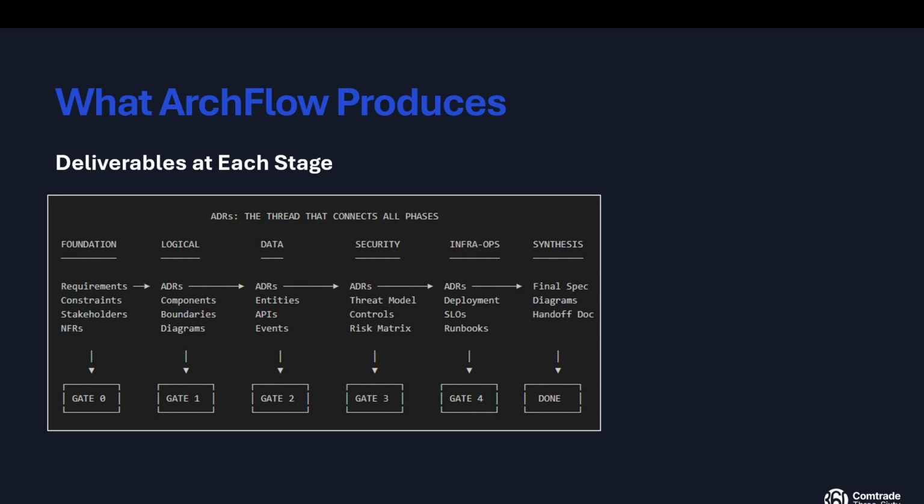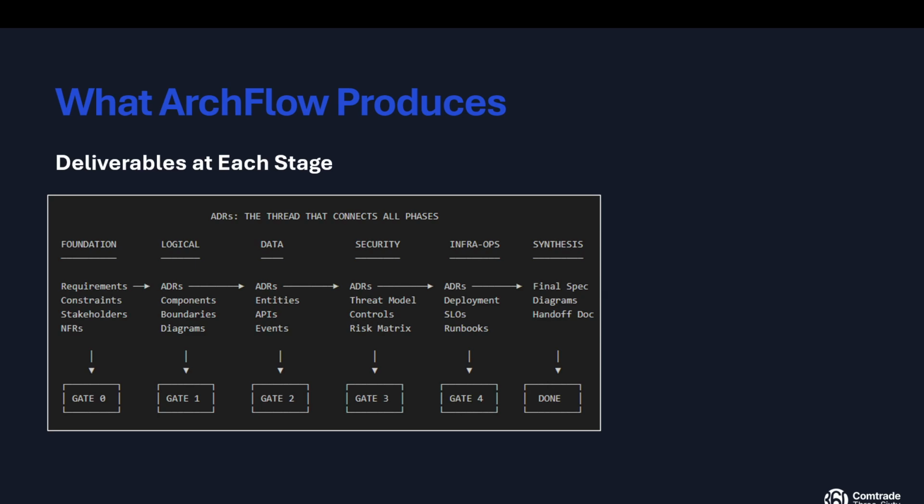In the security phase, you produce security-focused ADRs, threat models, control definitions, and risk assessments, for example. This ensures that your system is secure by design. In the InfraOps phase, you produce operational ADRs, deployment specifications, SLO definitions, and runbooks. This makes your system ready for production.